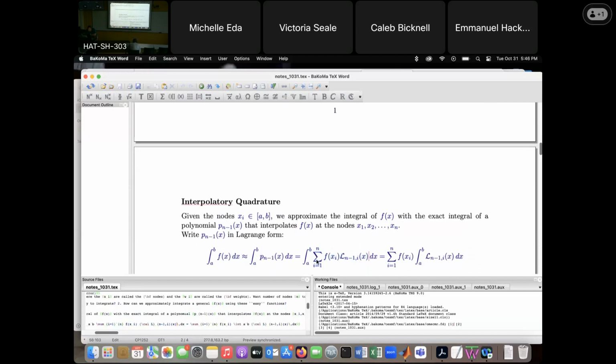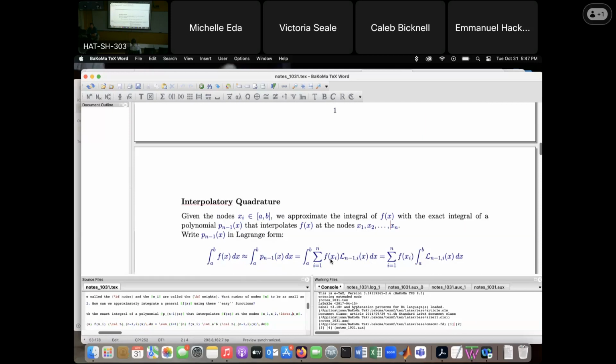So it's the sum of the values of f at our interpolation points times the Lagrange polynomials. But then we use the linearity of the integral and pull out the summation, and we also pull out f of xi because this isn't f of x, it's f of xi.